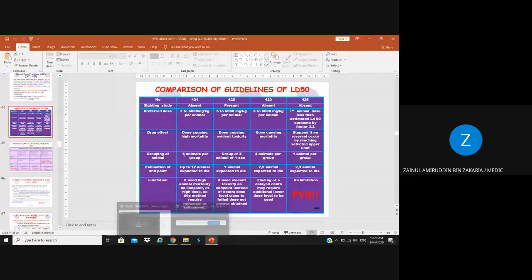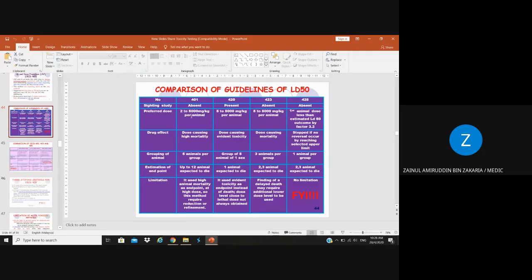If you see from slide 44, the sighting study is used in 420 only. Only in OECD 420. So for the other tests, 401, 423, and 425, you don't have to do the sighting study. The dose used is also different between each test.